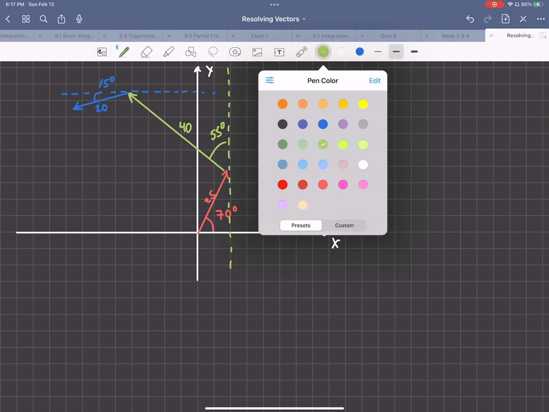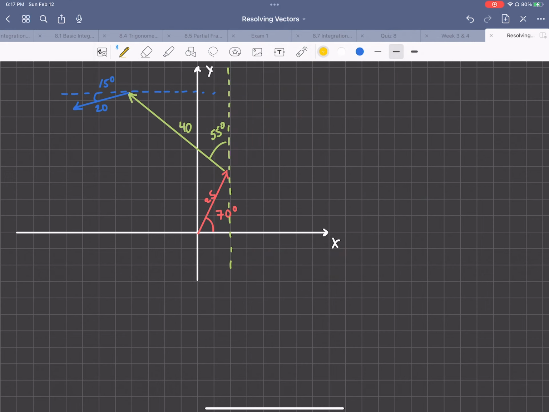So now I need to draw what they're asking me. What they're asking me is how far is the person from where they started. They started right here and they are right here. And how far, that is this vector. They're asking me for displacement. So basically what they're asking me to do is add this vector to this vector to this vector, and then find the magnitude of this resultant vector, or find the components of this resultant vector, Rx and Ry.